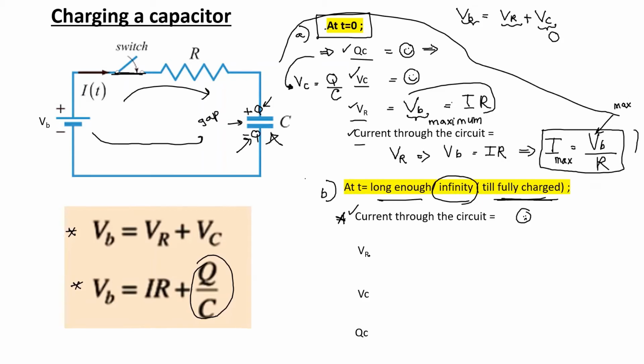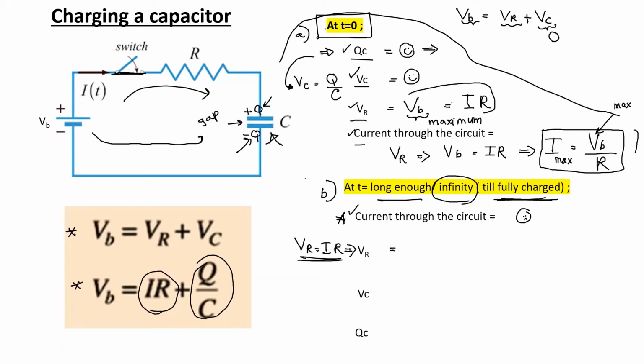Okay, now let's go to this part. If current doesn't flow through the circuit, what is the voltage across your resistor? So voltage across the resistor is given by this expression. So it should be 0, right? No current, no voltage.